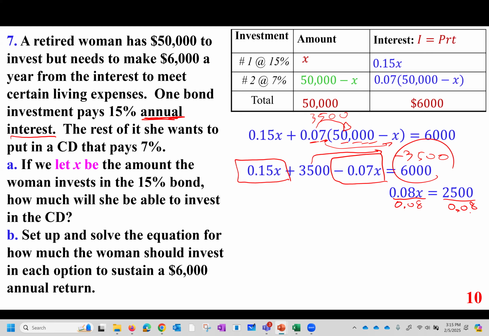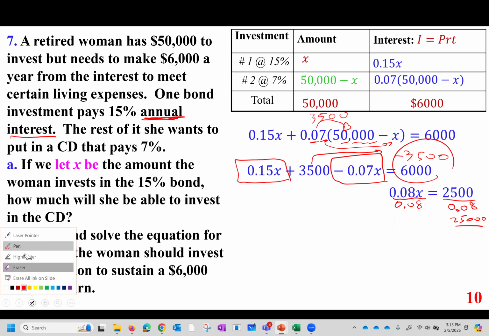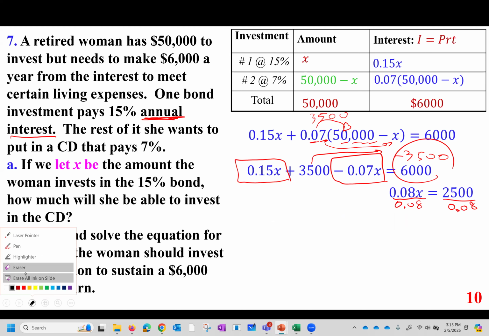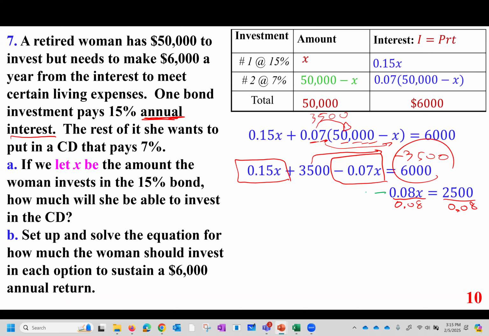By the way, normally we shouldn't have a decimal in the denominator, so you add 2 zeros to the top and you make the bottom 8. In other words, this is 250,000. Okay, oh, there's not enough room. Let me erase that and just write it here. $2,500.